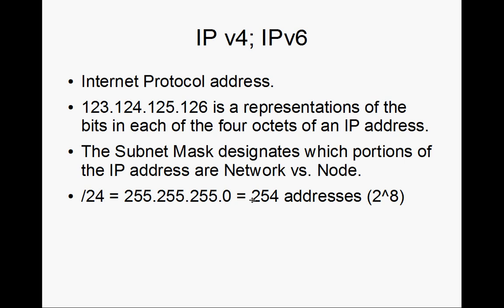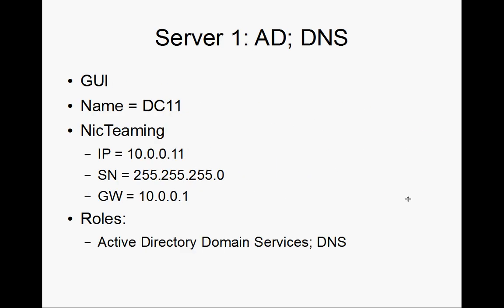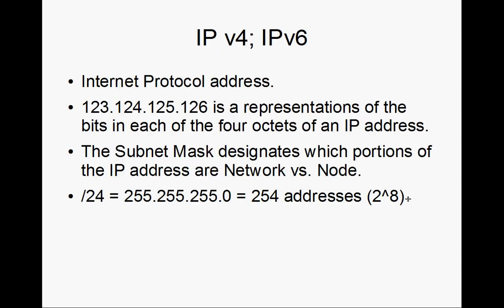Now, it's 254 addresses because it's 2 to the 8 minus 2. Why is it 2 to the 8 minus 2? Because all zeros or all ones for your bits represents a broadcast.